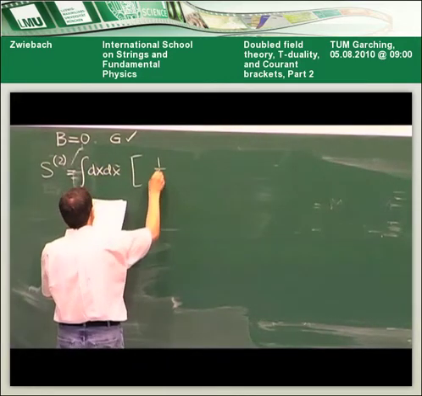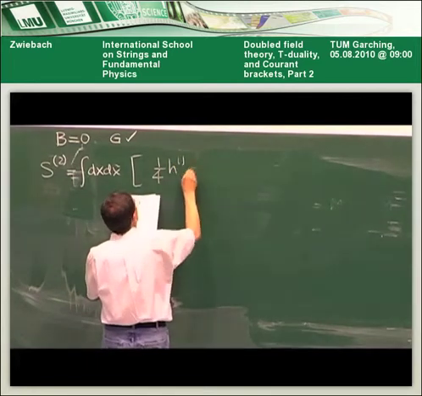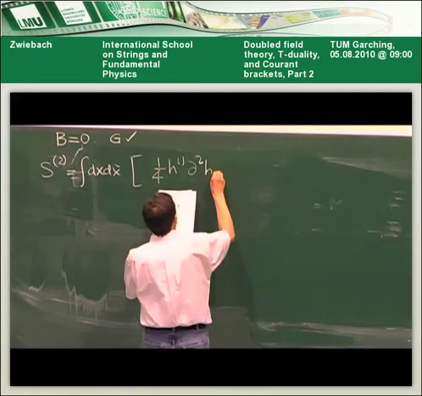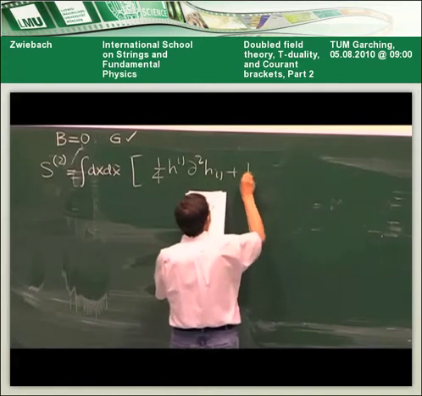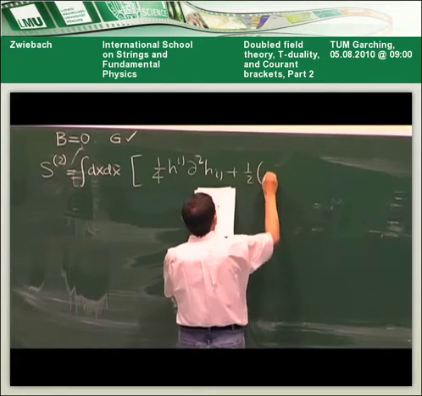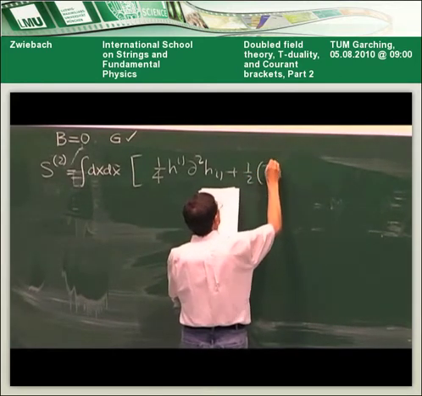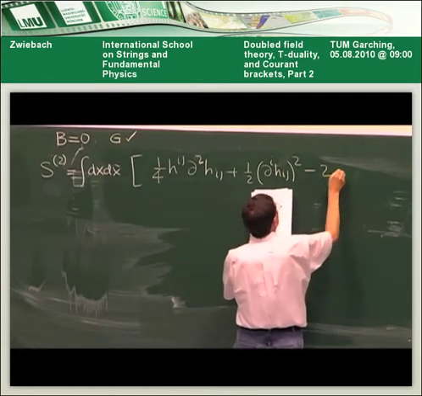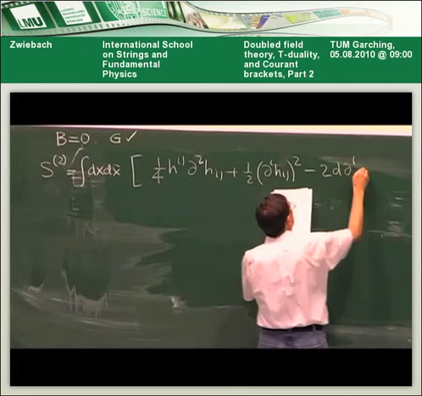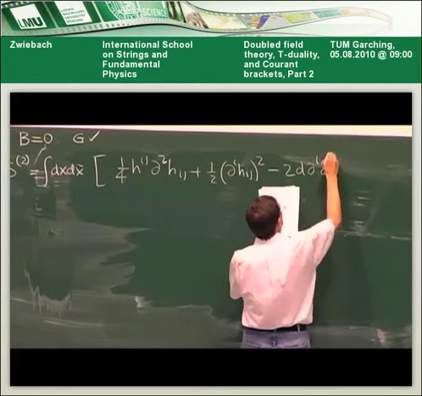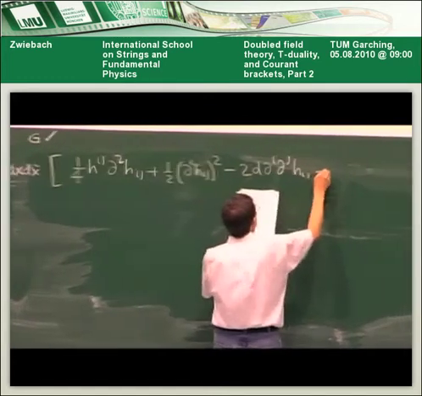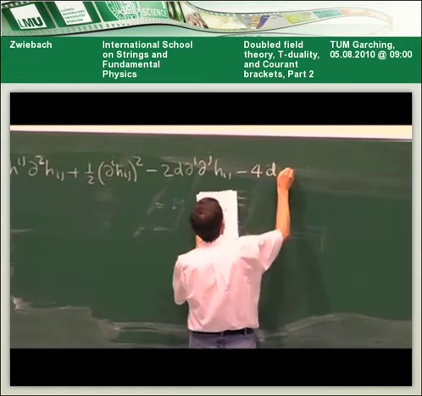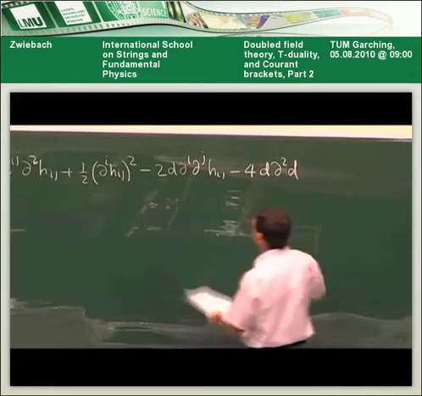So the first line is going to be all kinds of things that are familiar: h_ij squared minus 2 partial_i partial_j h_ij minus 4 d squared d.